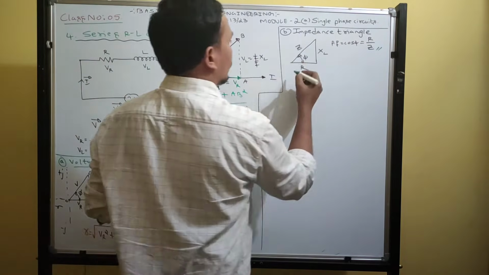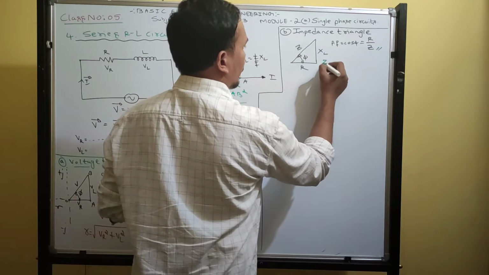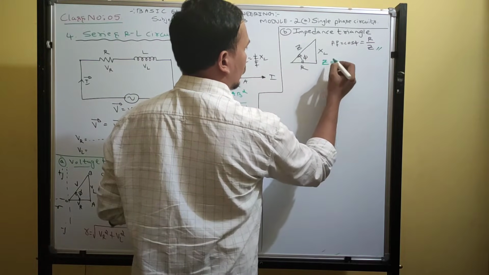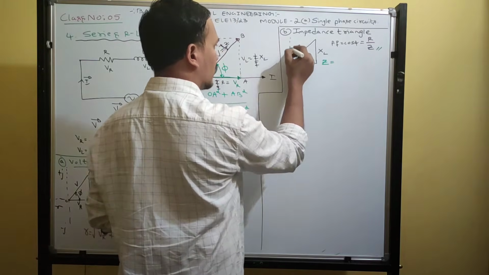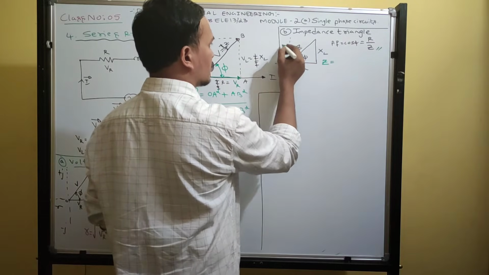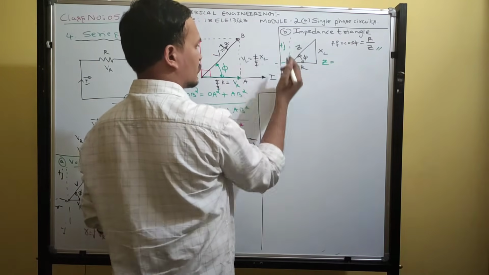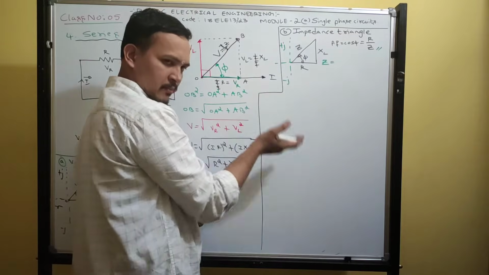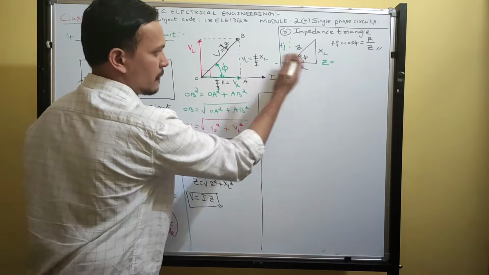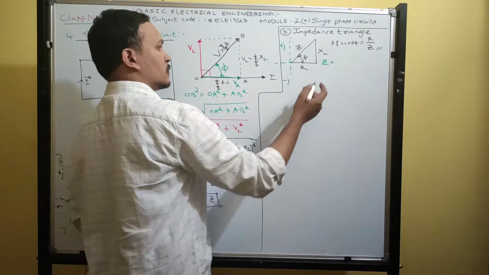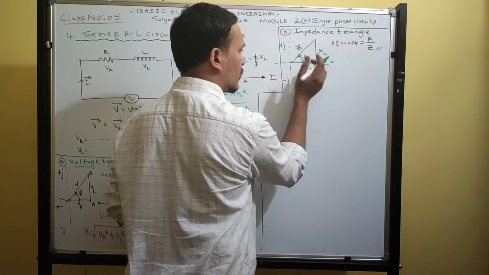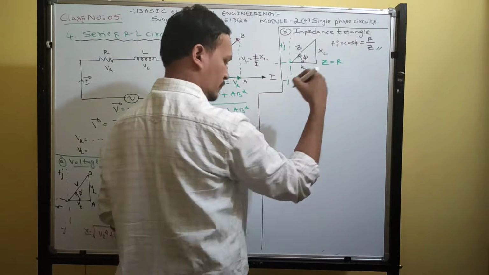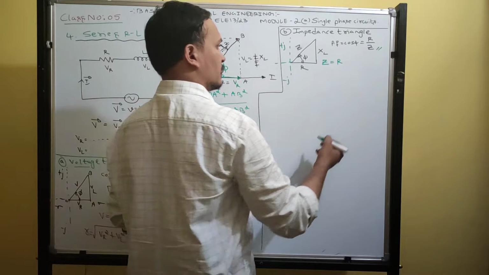Okay, fine. Now represent in rectangular form. Overall impedance Z is equal to, see, draw the quadrant diagram. So this lies on the plus J axis. This will come under minus J for the negative imaginary axis. So now Z is equal to, now this R lies where? On the positive real axis.